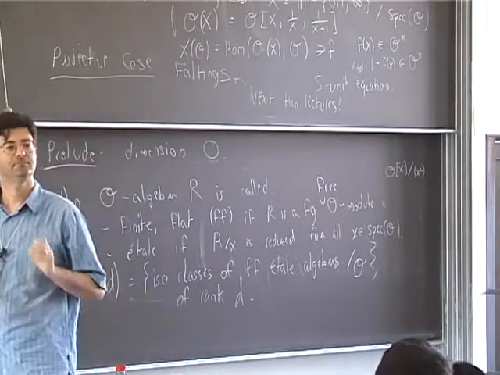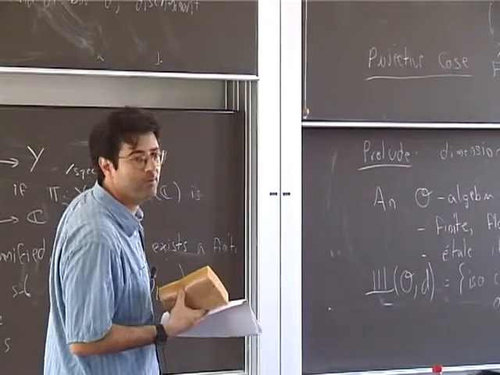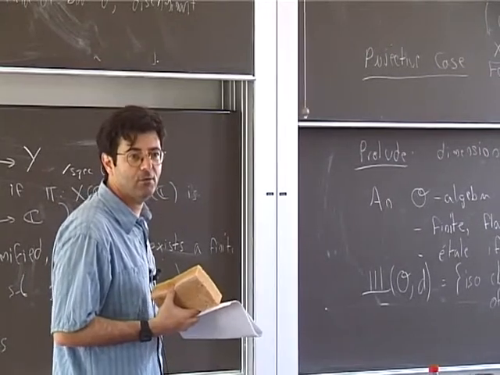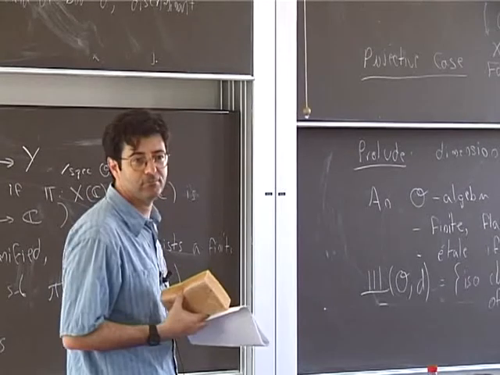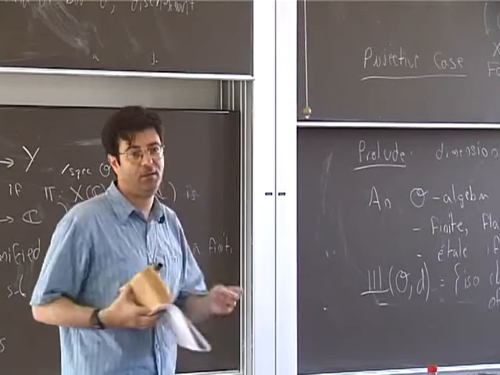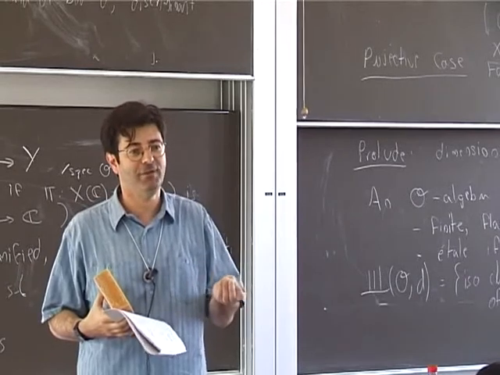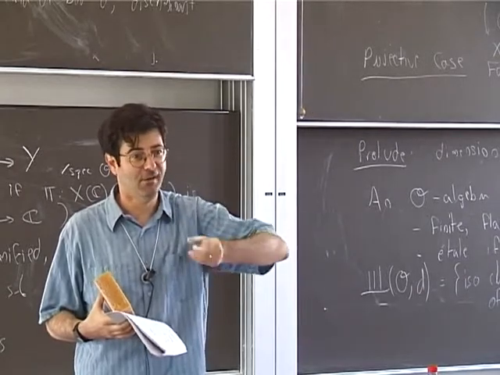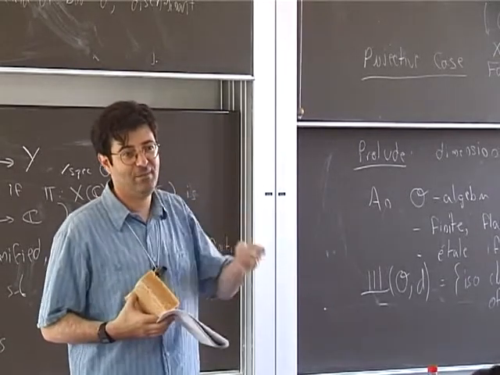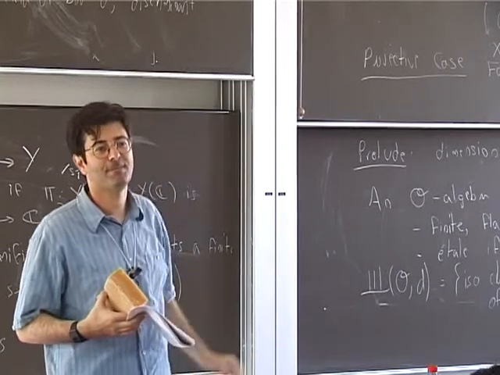What is pi star P supposed to be? Pi star P, this is the fiber. If you think geometrically, it's the coordinate ring of the fiber, right? The scheme theoretic fiber. So the fiber is Spec of that algebra. Okay, so pi star P is supposed to be the coordinate ring.